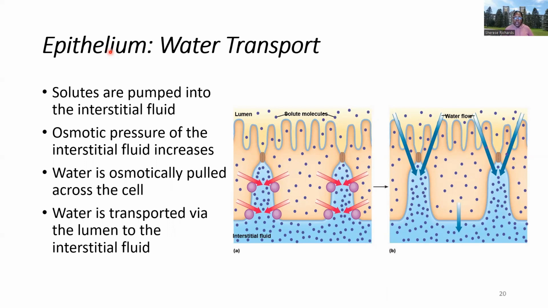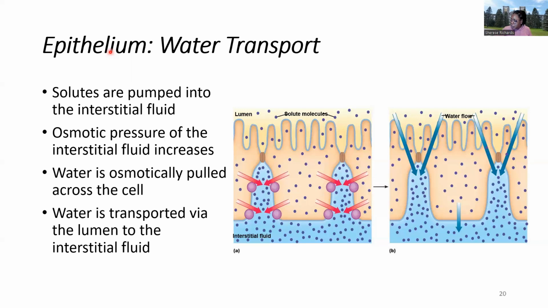Wherever solutes move, that shifts the water gradient, and therefore the water will move according to that solute change as well. So the osmotic pressure that is created by changing the solute concentration, remember, we said that the osmotic pressure is the ability for solutes to pull water to them. So the side of the membrane that has a higher solute concentration will effectively pull the water in that direction.